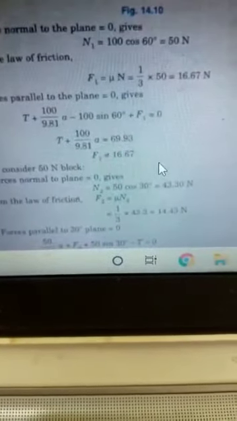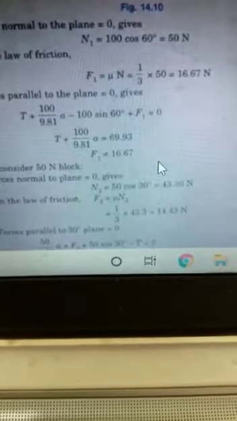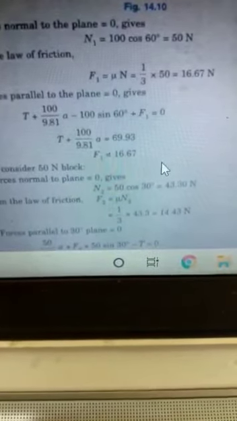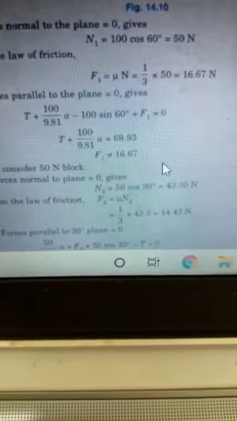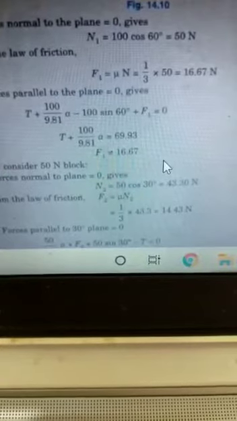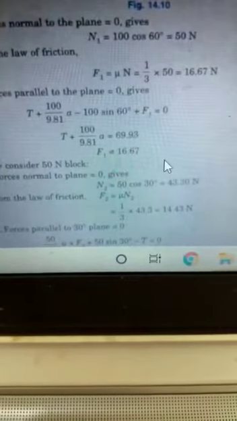Frictional force is also opposing, that is plus F1, equal to 0. So from this we get the equation T plus 100 upon 9.81 A is equal to 69.93. This is the one equation you will get.